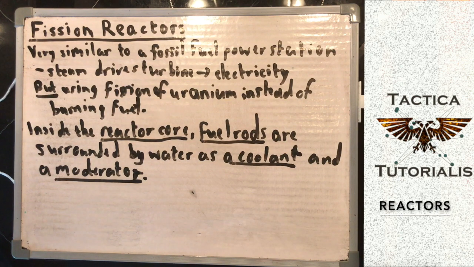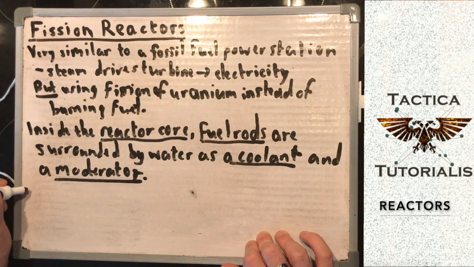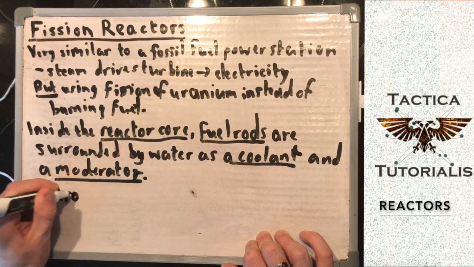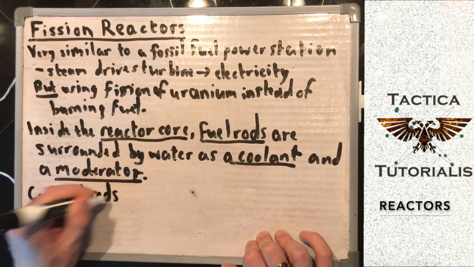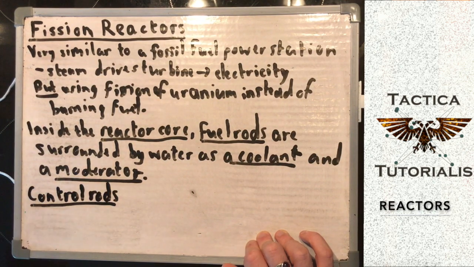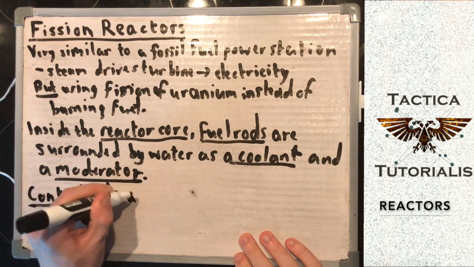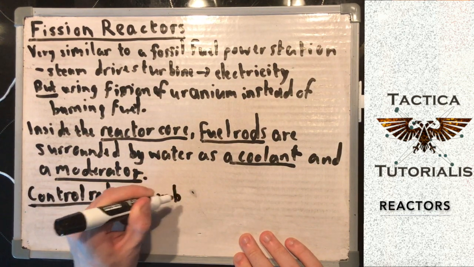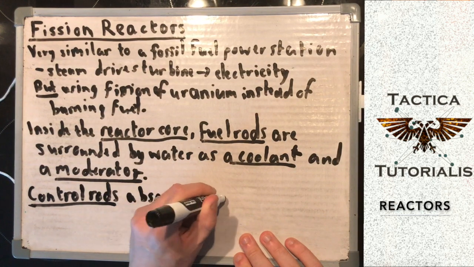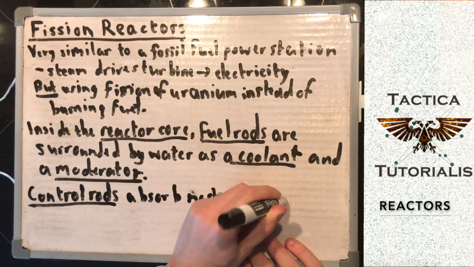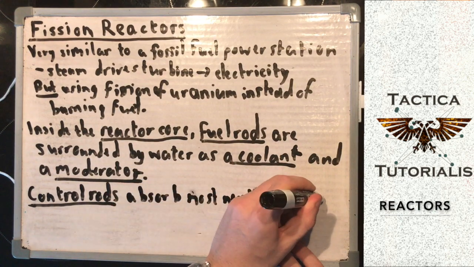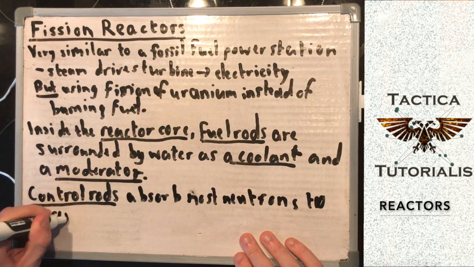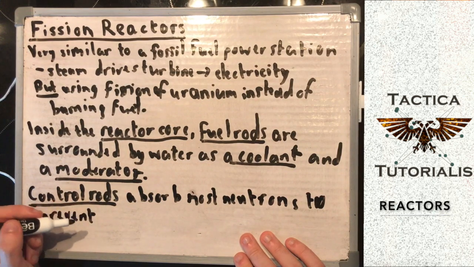The other thing that we have, which is most important perhaps of all, is something called control rods. Now, these are made typically of boron. You don't need to really know why for this course, although it is a very interesting bit of theory that I did as part of my degree. Control rods absorb most neutrons to prevent, how's the best way of putting this?